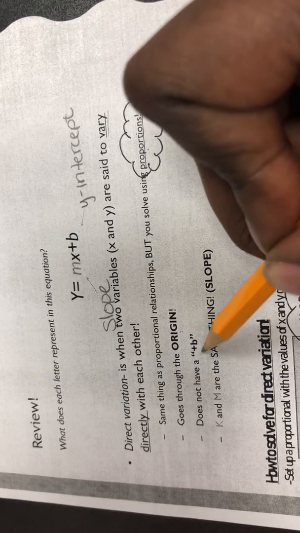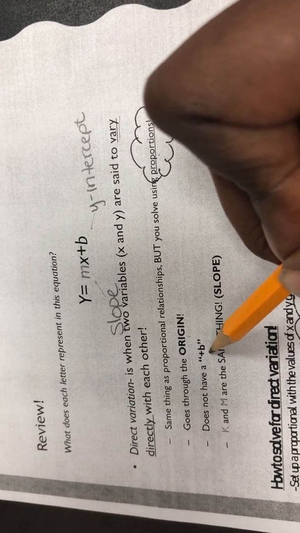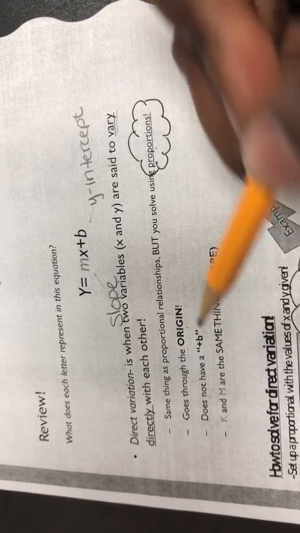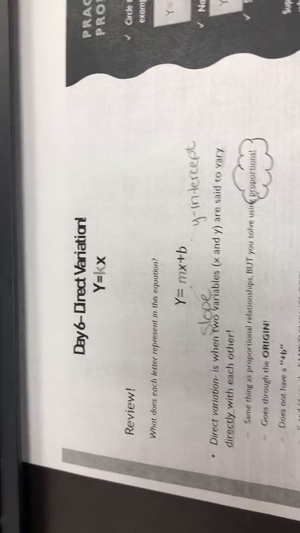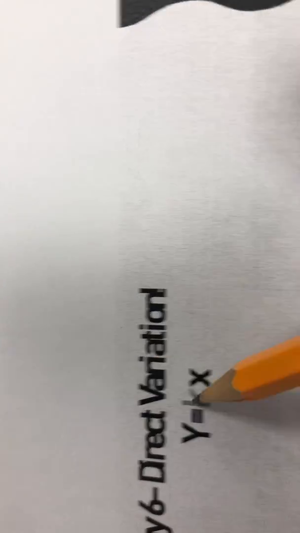Same thing with the equations. For direct variation, you're not going to have a plus b part. And if you look up here where it says y equals kx, k is going to mean the same thing as slope, or m.